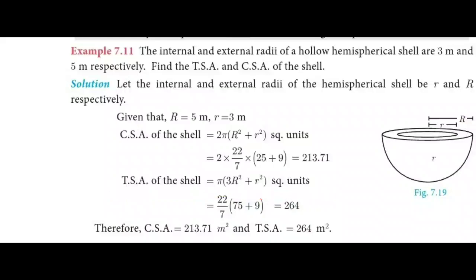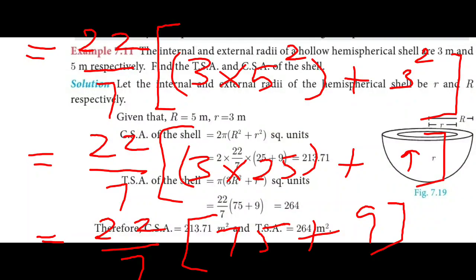Then TSA of the shell is equal to π into 3 into (R² + r²) square units. Then 22 divided by 7 into 3 into (5² + 3²). Since 5 squared we get 25 plus 3 squared we get 9.